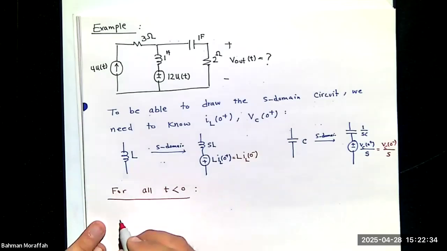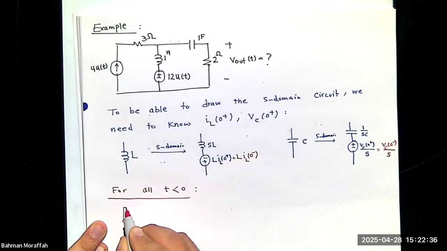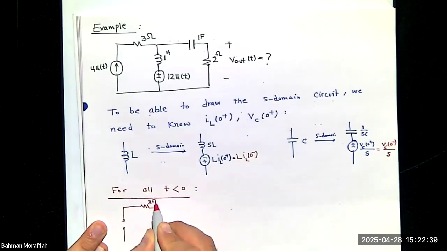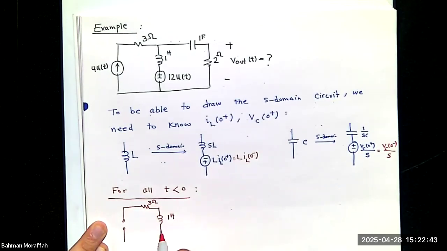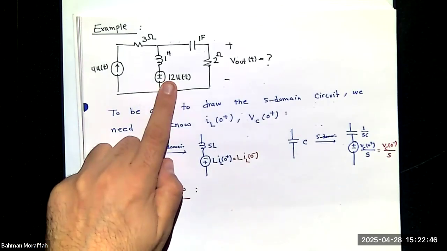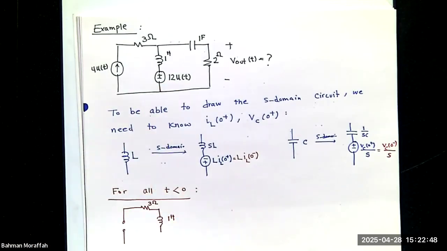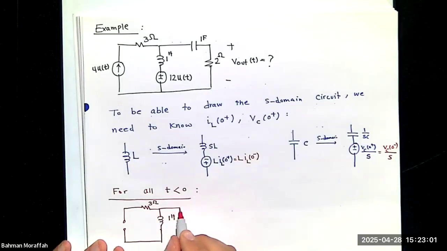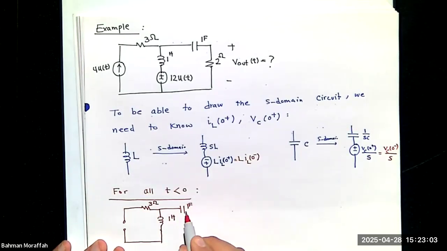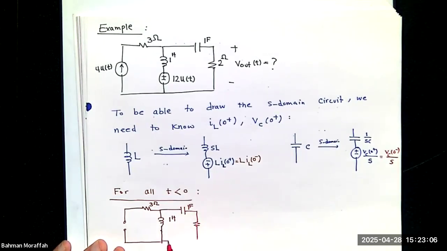So I have this open circuit, this 3 ohms, this 1 Henry. How about this 12 times u of t for negative time? What is a voltage source with value 0? It's a short circuit, it's just a wire. So I have this wire, and then this 1 farad capacitor followed by 2 ohms.